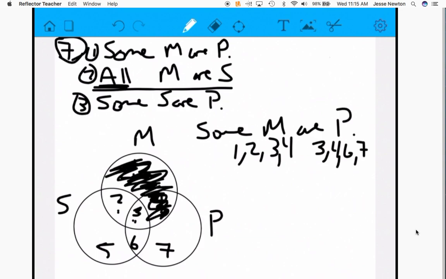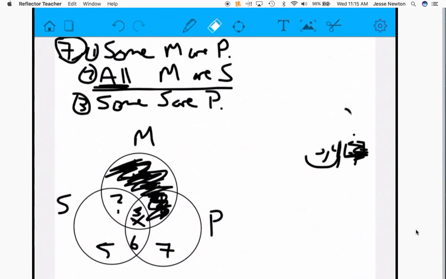So what we're going to do is circle the regions of overlap, 3 and 4, scribble out 6 and 7. And this is saying some are in 3 and 4. Well, we can't put an X in 4 because we already know that it's empty. So we put an X in 3. It's the only place left because it's M R P in 3 and 4.